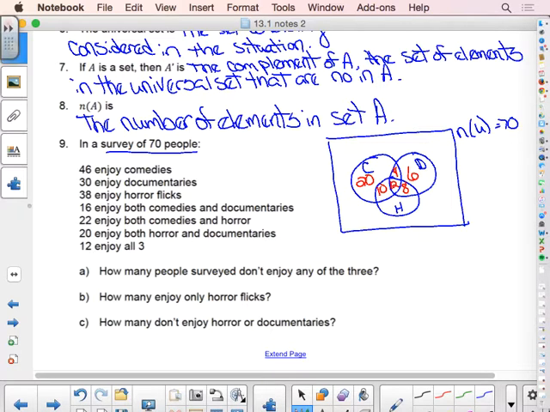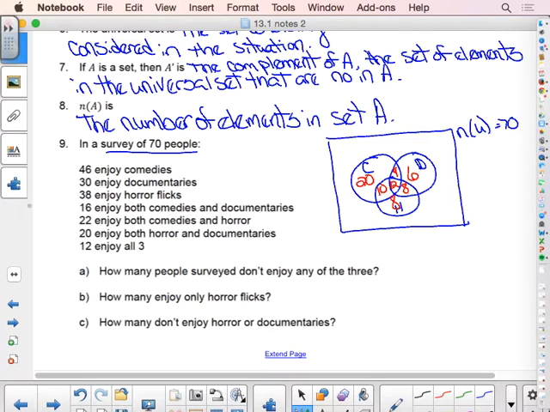Then in the last category, there are 38 who enjoy horror movies. I have 30 in the combination of comedies, documentaries, and horrors. So that's going to leave 8 people who listed just horror movies.